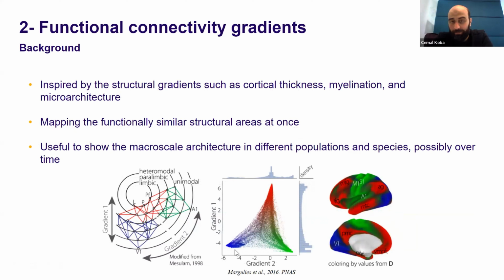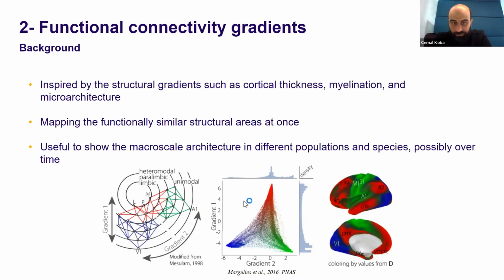The common finding is that the first component, the first gradient in this case, that explains the brain function, divides the regions' function based on unimodality or transmodality, meaning that you can categorize the brain's function mostly by its ability to process basic functions or not.